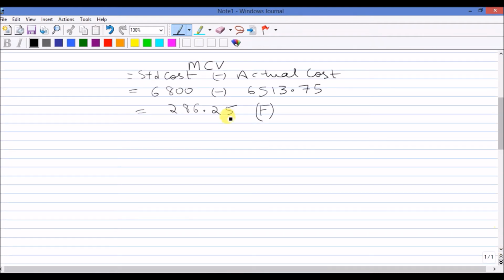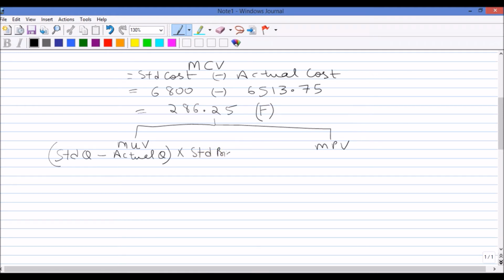So material cost variance is going to divide into two parts: material usage variance and material price variance. So this is standard quantity minus the actual quantity, and we have to multiply with the standard price. So for A and B we are doing it.